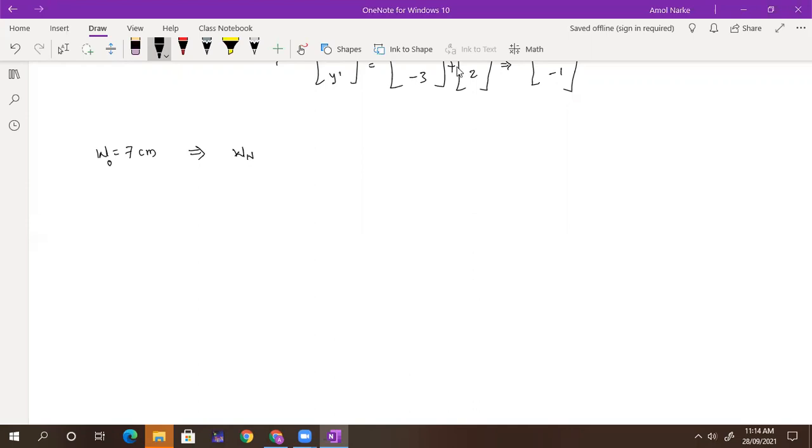Scaling is nothing but new. So my new width, suppose I want 70. So tell me, which number should I multiply to that W naught, the initial width, so that I get my new width of 70? Which number?